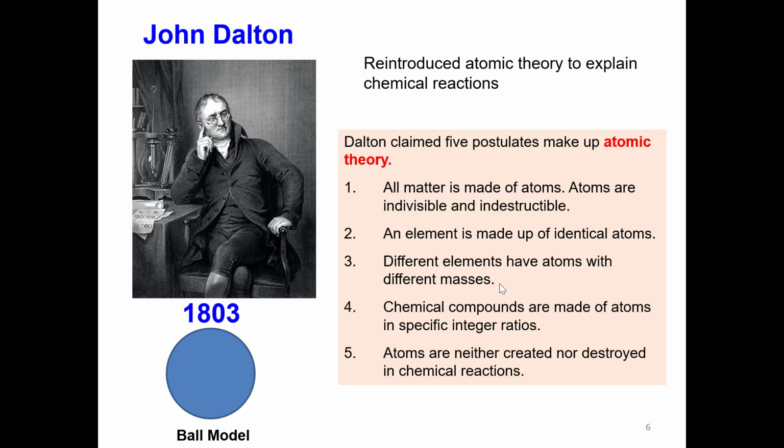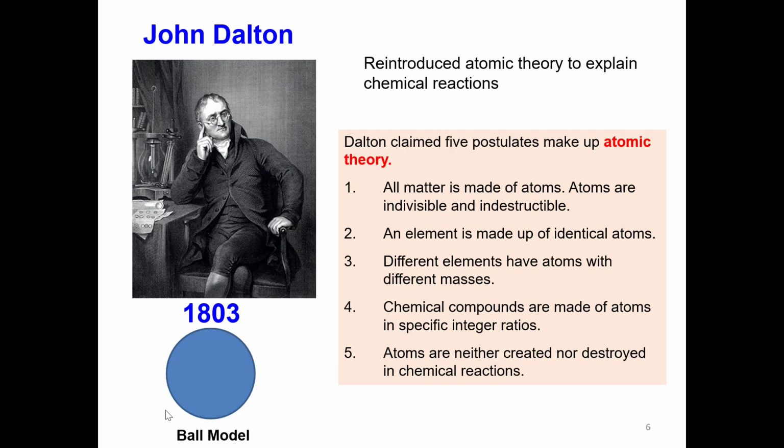For example, water has 2 hydrogens and 1 oxygen, a specific integer ratio. The atoms are neither created nor destroyed in chemical reactions. He proposed this model, called the ball model, where the atoms are like balls without any subparticles.